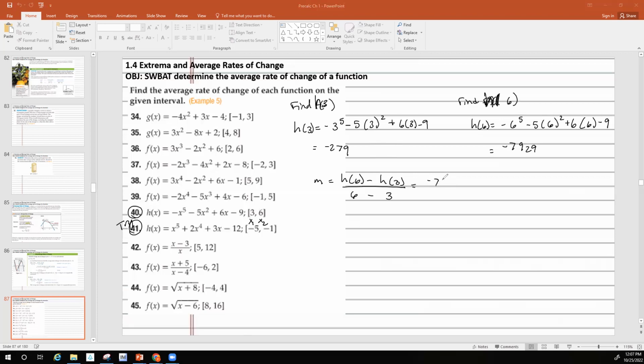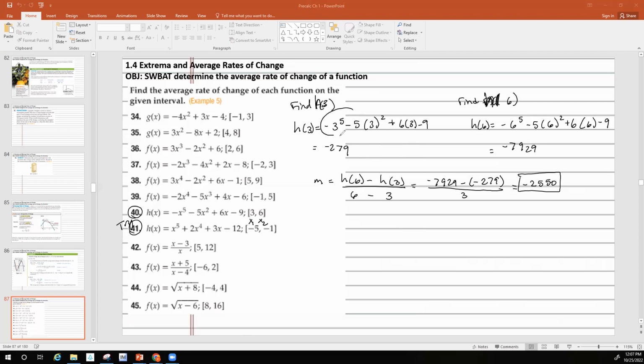So we have negative 7,929 minus negative 279 all over 6 minus 3, which is 3. And if you do that, we end up with negative 2,550. And that's it. So hopefully that makes sense.